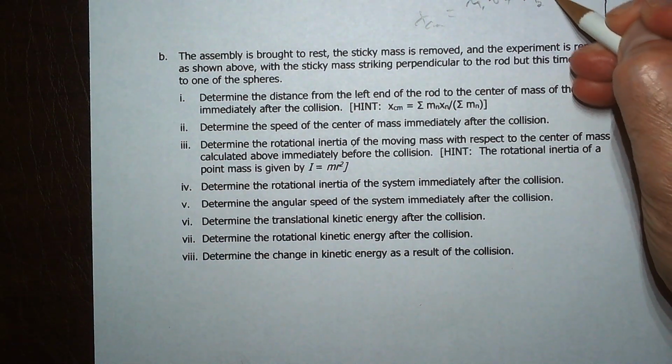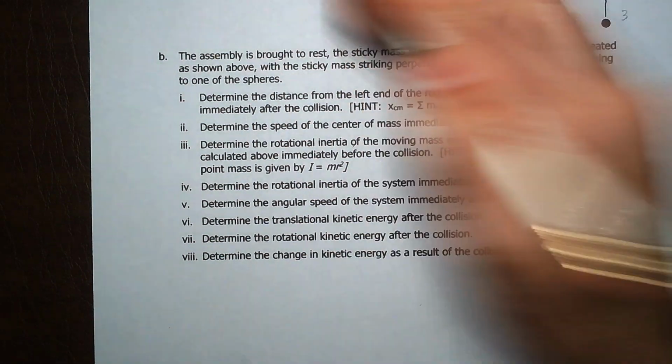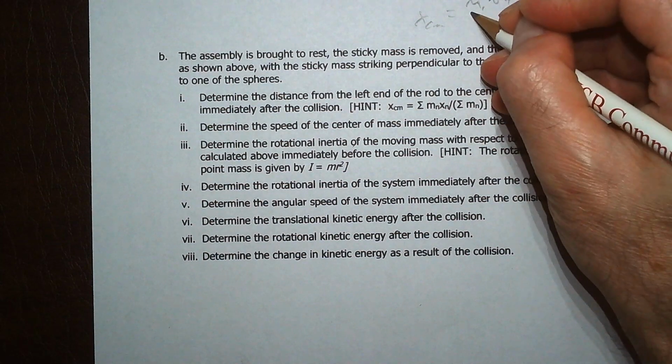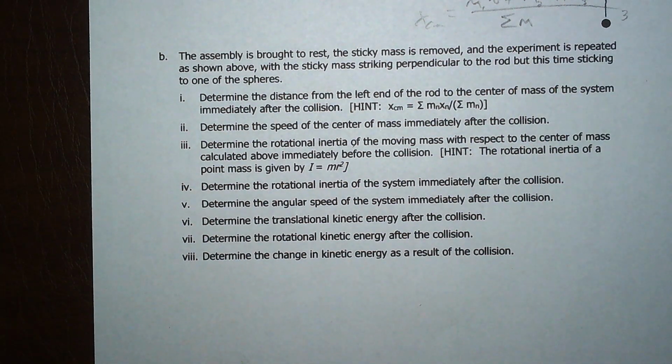So we know that distance, I'll say x, plus the mass of 3, which we know, times x as well, divided by the sum of the masses. And so you can figure out what that distance is.